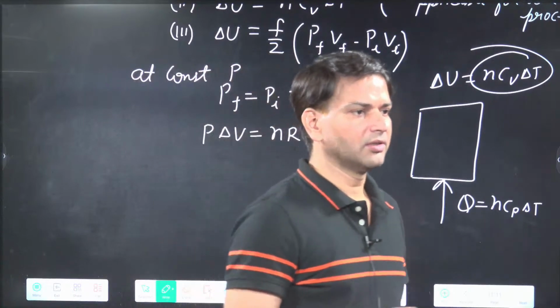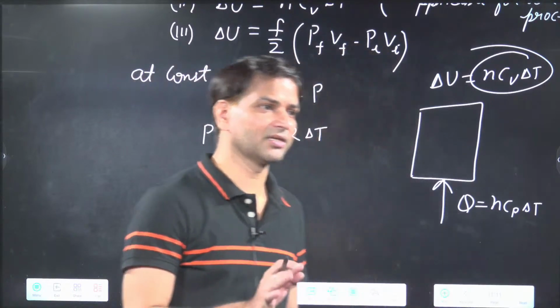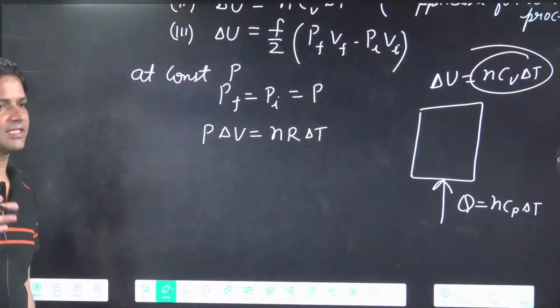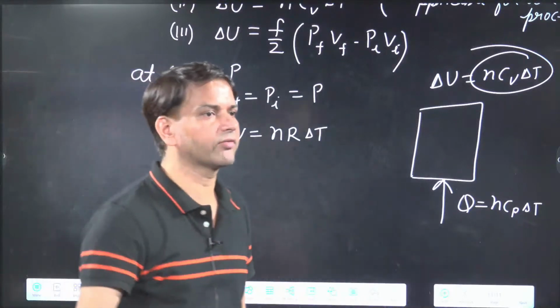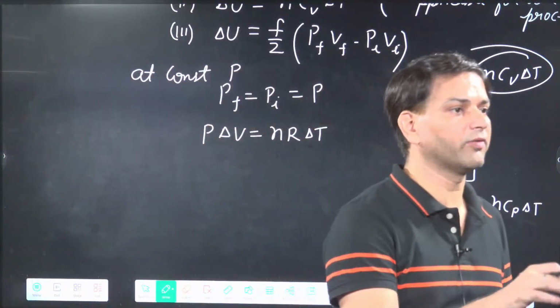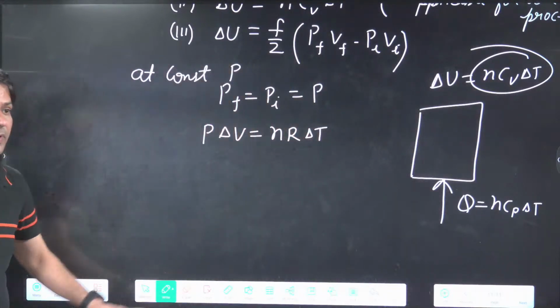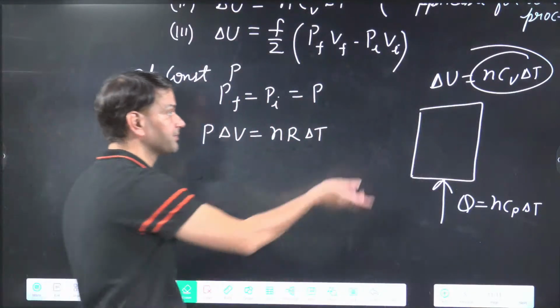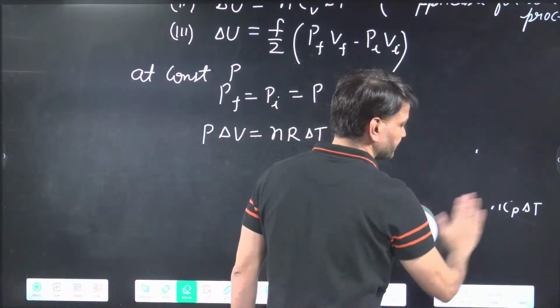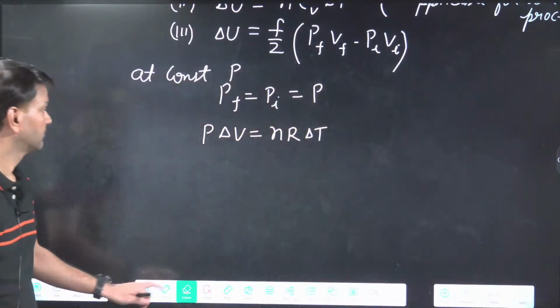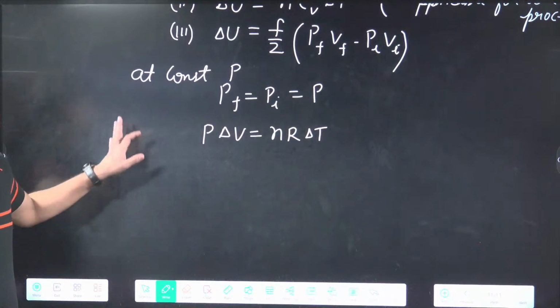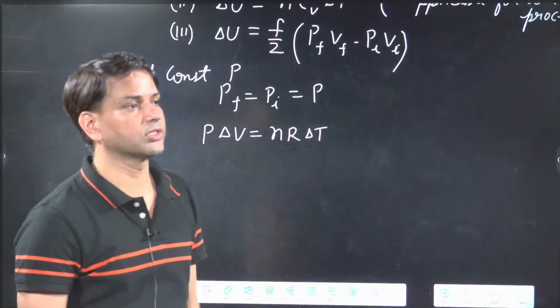For whatever the process, heat will change, work will change, but delta U will always be equal to NCV delta T. So this formula of delta U is over.